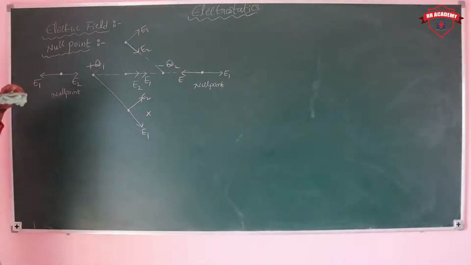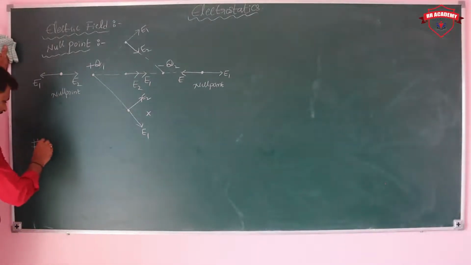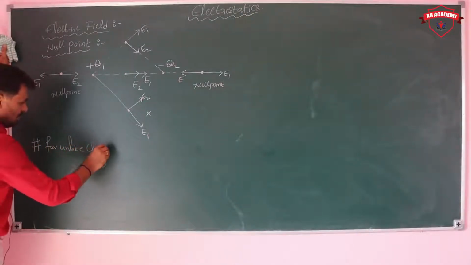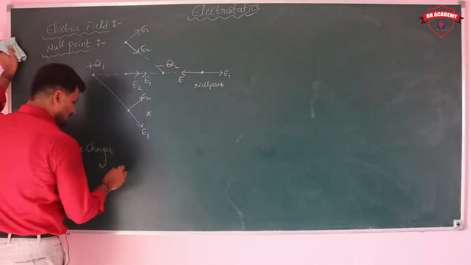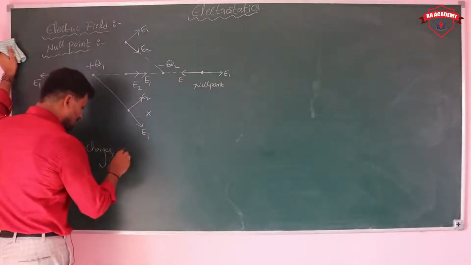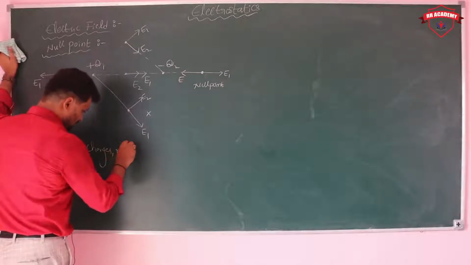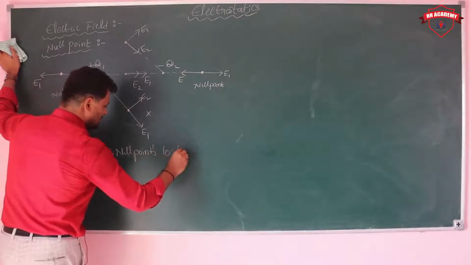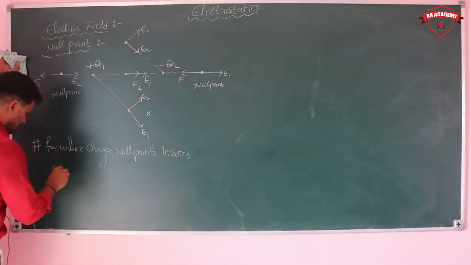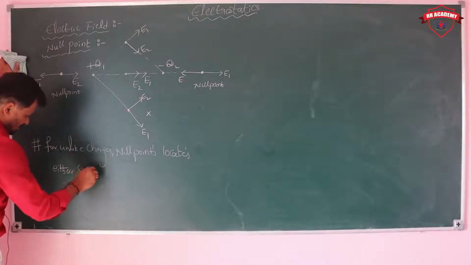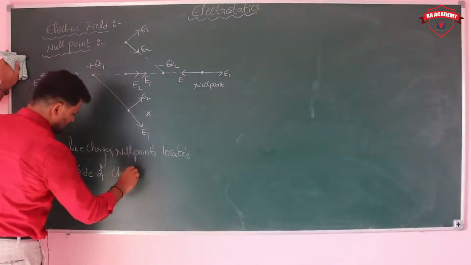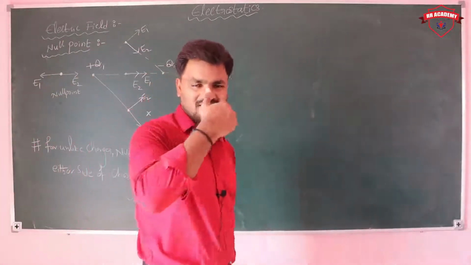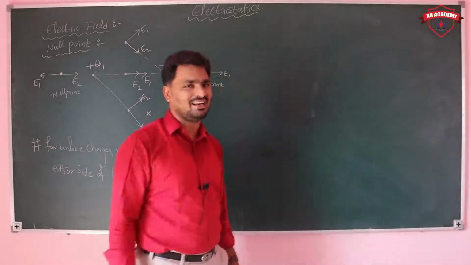For unlike charges, the null point is located on either side of the charges. And one more important thing: the null point is nearer to the smaller magnitude.